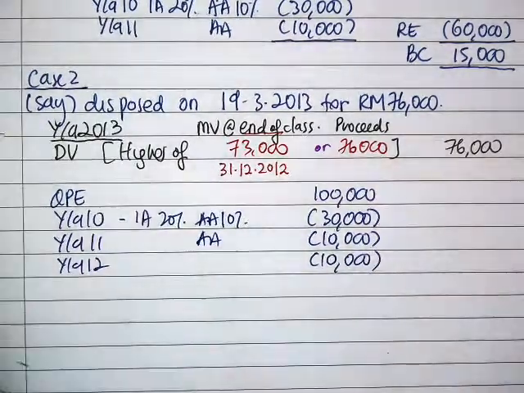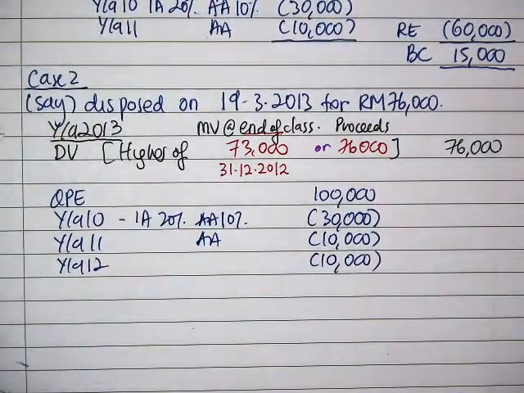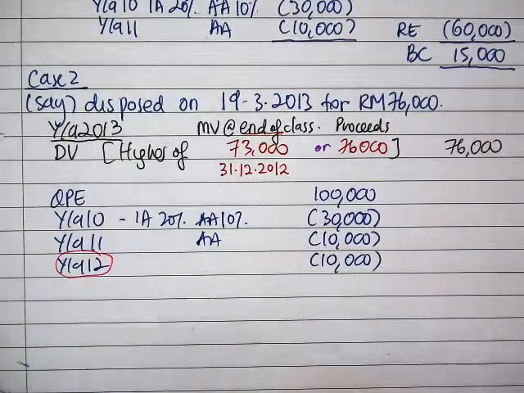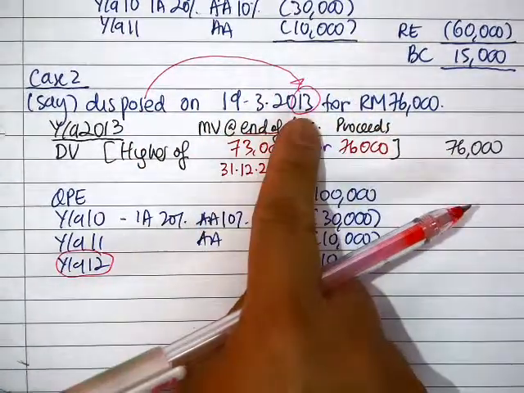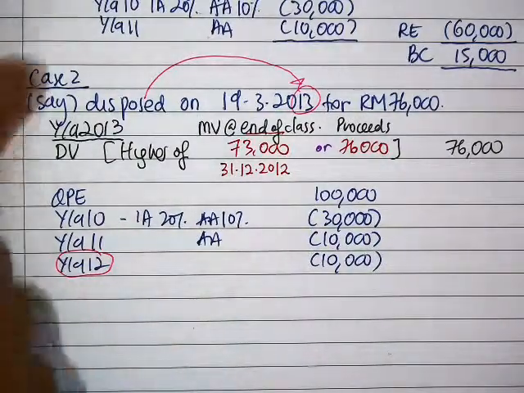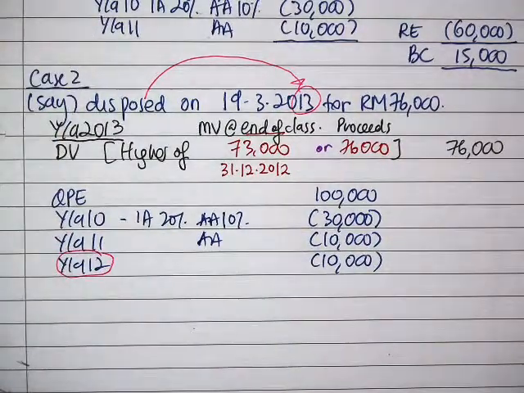Agree? You're still going to claim for 2012 because you still use it. You only dispose in 2013, correct not? Okay, so the disposal is in 2013. That's why you claim 2012. Now just now I didn't claim 2012 because I disposed in 2012. That's why I claim until 11, correct not? So that's why this one claims until 2012.